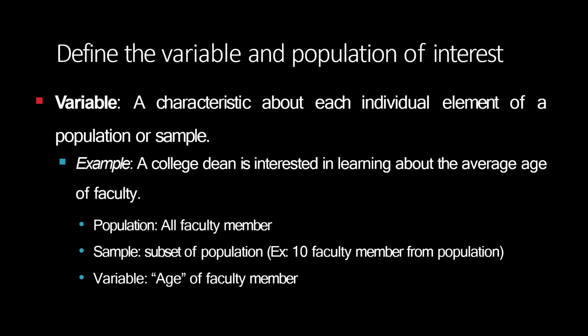All their biographical details will be available with the college management. You can ask them and go through the files or documents or the resumes submitted to the management or to the HR department, and you can come to know the age of each and every faculty, that is, all 120 faculty. So here you are selecting the whole population and not just a sample.